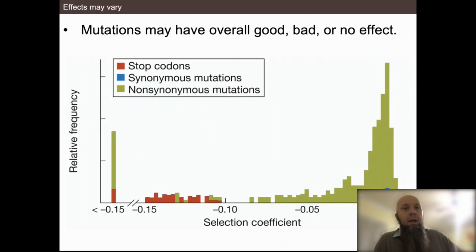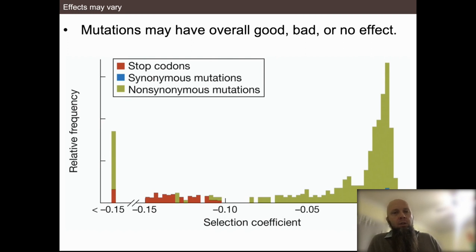Okay. Now, I mentioned earlier that mutations might have beneficial effects, no effect, or negative effects. Now, we know that mutations happen quite a bit, but what's interesting is that, as you can see here, if you look at this graph long enough, you might read the caption in the text, most mutations have a negative effect.